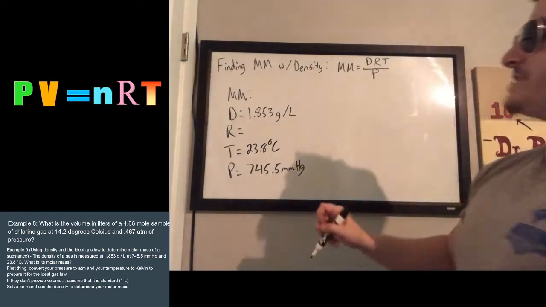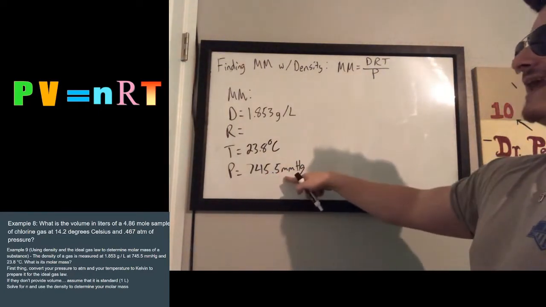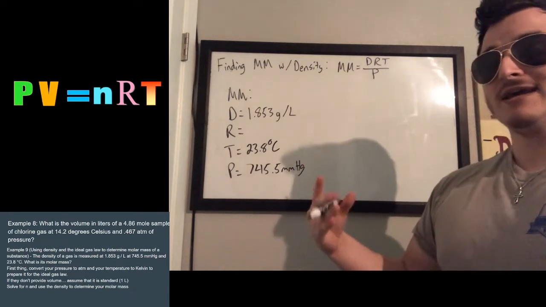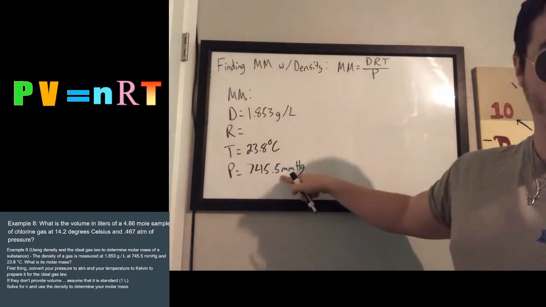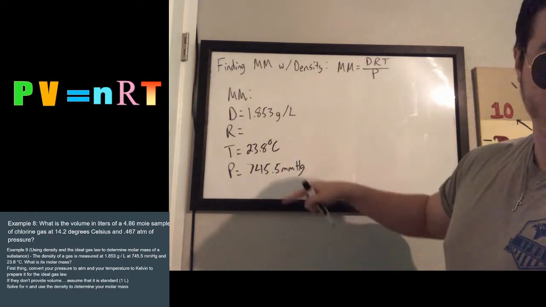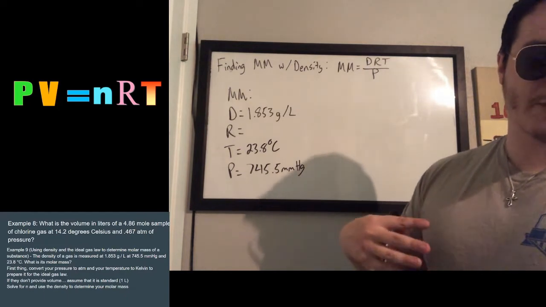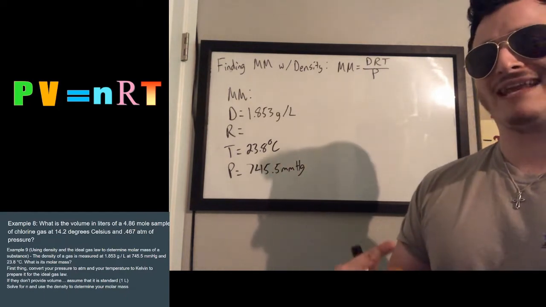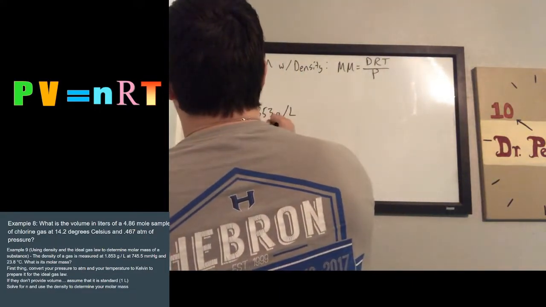So this is our first example where our pressure is not in ATM. It's totally okay to convert this to ATM. If you don't want to do that, then just look at what the R value is for something that is in millimeters mercury, which is a very, very common value that you're going to see. Millimeters mercury is probably the second most common unit of pressure that you utilize. The R constant for that is 62.4.